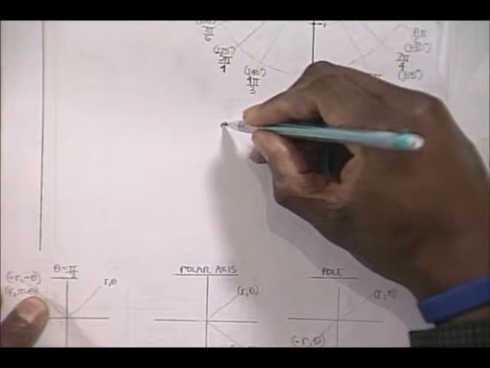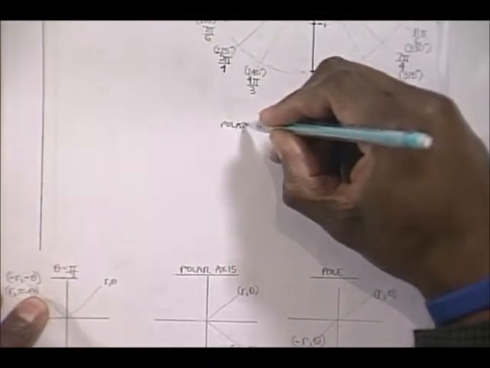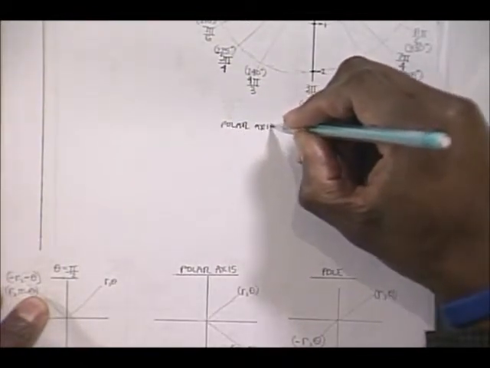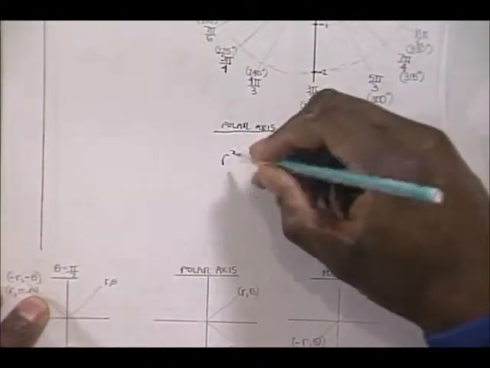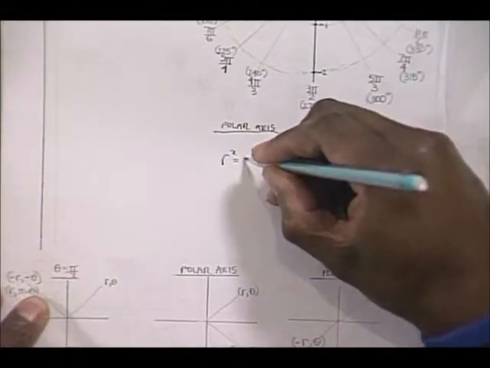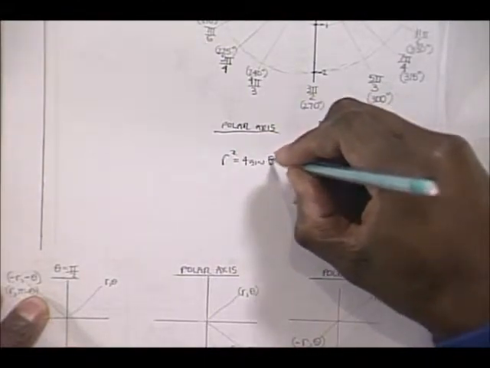If you did that for checking symmetry across the polar axis, you would discover that symmetry confirmation would not be able to be determined there. Let me show you what I mean. r squared is equal to 4 sine theta.